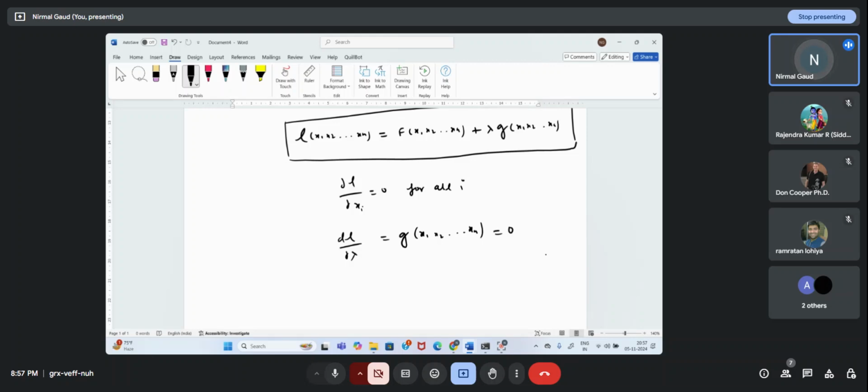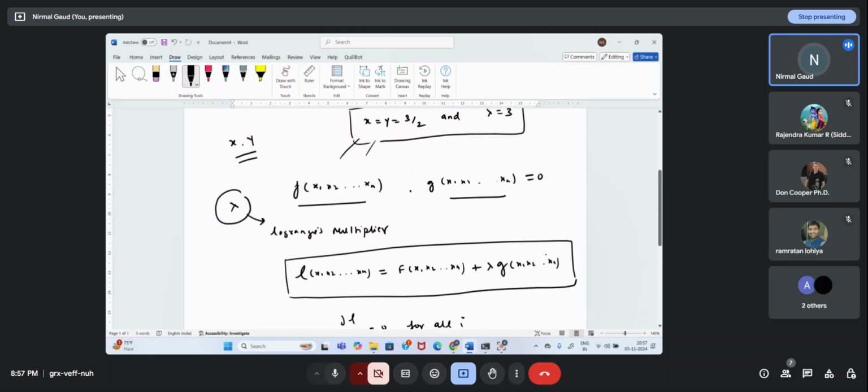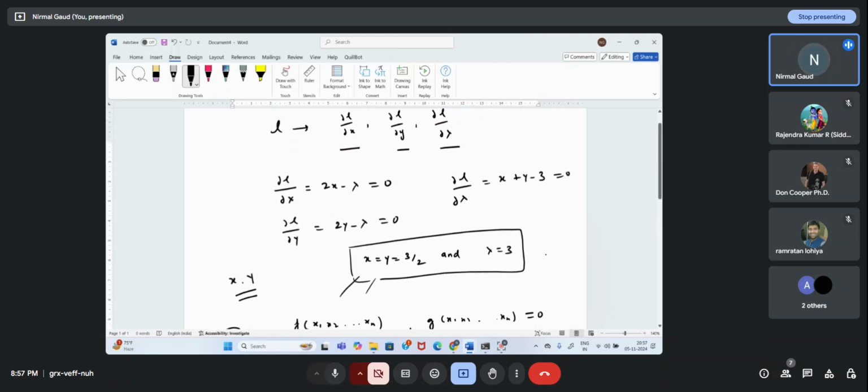So whatever the terms x1, x2 are, we have to perform the differentiation of the Lagrange function equal to 0, and del L by del lambda will be this thing. And we have seen above, you can understand from here, del L by del x equal to 0, del L by del y equal to 0, and del L by del lambda is the constraint equation, that is also equal to 0. And we have found the value of x, y and lambda here.